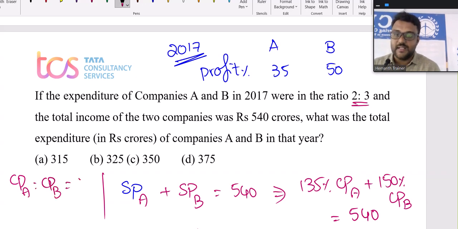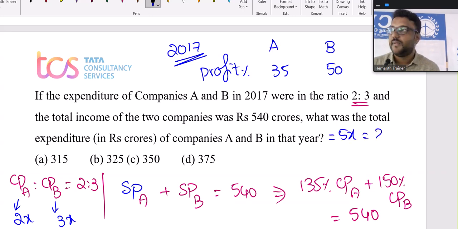I can consider A as 2x, as usual, and B as 3x. They're asking about 5x. Total expenditure of A and B means 5x is the question. I want to calculate the 5x value.